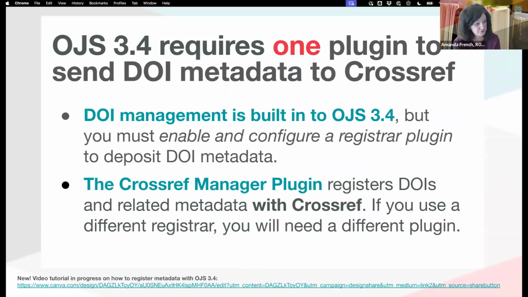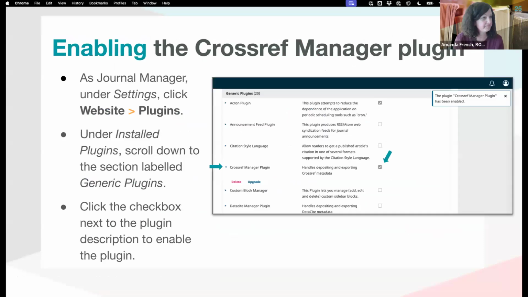The Crossref Manager plugin is the name of the one you would use with 3.4 to register DOIs and metadata with Crossref. The process of enabling that is very similar. Scroll down to generic plugins, click the checkbox to enable it, and then you would need to configure it, go into settings and so on in order to make sure that it's working.